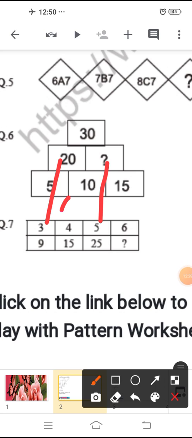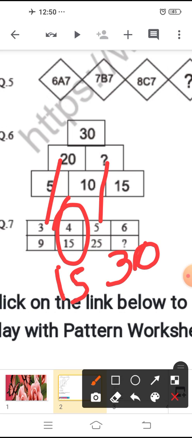But here they have taken 4 threes are 15. So what we can take, if we are leaving one block, we can take over here like 6 fives are 30. 6 fives are 30. We will not take 6 sixes.